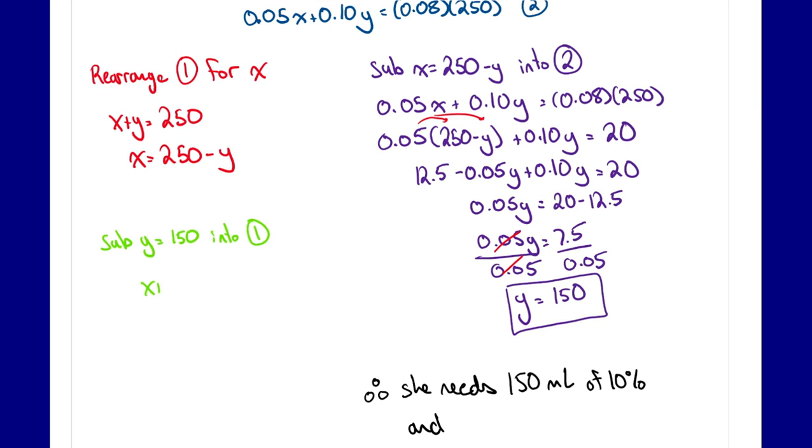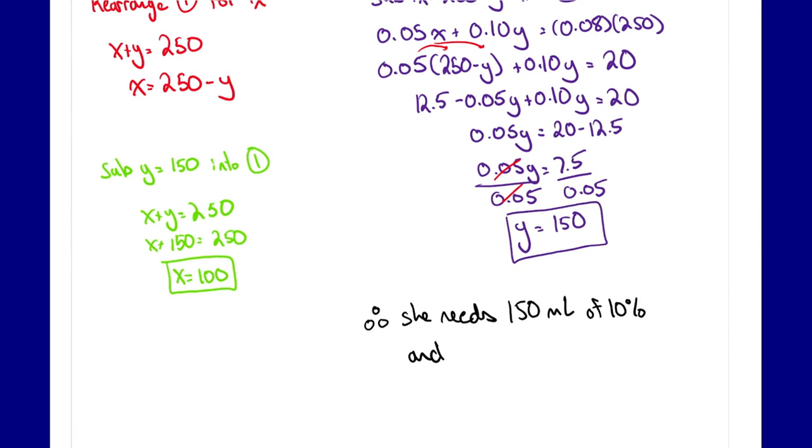So x plus y equals 250. x plus 150 equals 250. Simple one-step equation. x equals 100. So therefore, she needs 150 milliliters of 10%, and 100 milliliters of 5%.